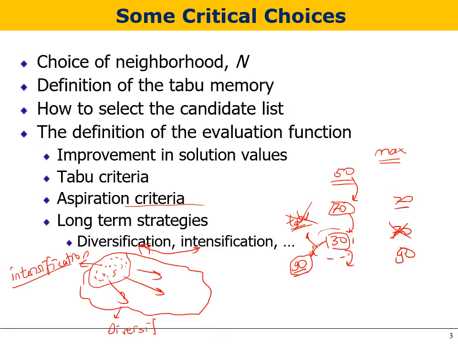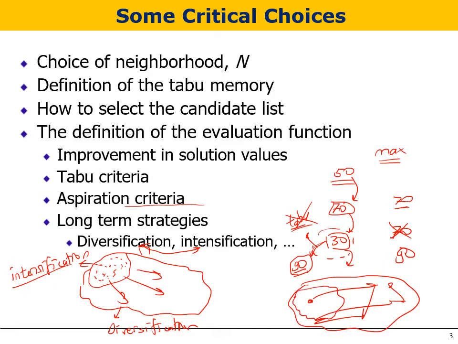Okay? If you diversify too much, meaning that if you jump from here to here, then to here, then to here, if you just diversify, again, you may not be able to find good solutions. Because maybe this region of the feasible space contains really good solutions, and maybe the optimal solution is somewhere around here. So if you just randomly diversify to the other portions, you may not be able to find that best solution. So what is the idea?